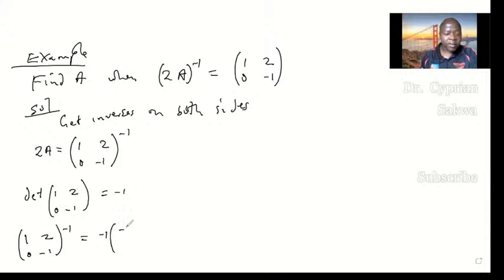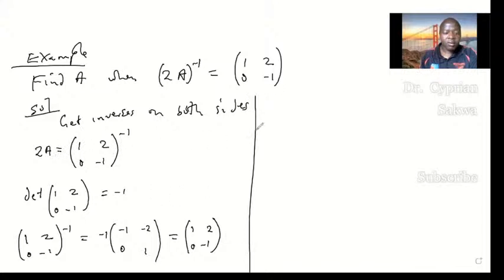So let me reverse the elements on the leading diagonal, and then change the signs in the other diagonal. If I were to open the brackets, I would have 1, 2, 0, negative 1 as the inverse of this matrix.